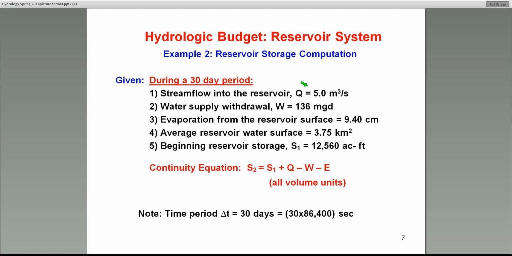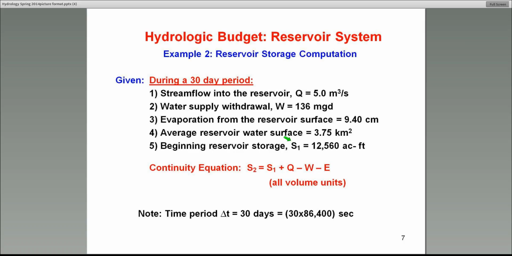I'll solve this problem either in SI units or in US units, and I'll do that on the next slide. Depending on that choice, you'll have to convert appropriately. The beginning storage is given in acre feet, so that might be the driving force for selecting your units. Since this is a volumetric unit, acre feet, we'd like to eventually calculate our final storage also in acre feet.